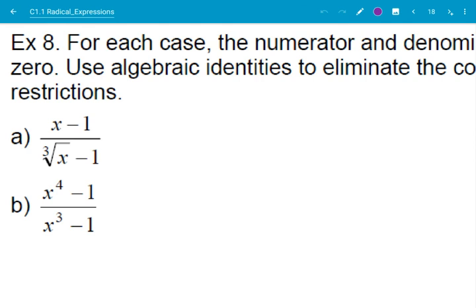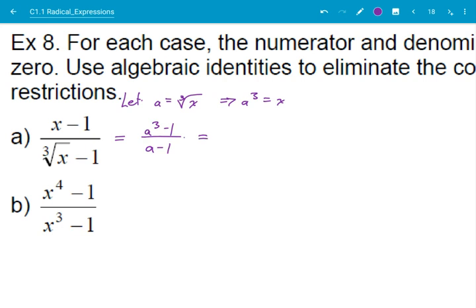Now, there's a hint here that we're actually looking at a difference of cubes, right? So one way to think of it is that we're going to let a equal the cube root of x, and therefore a cubed is equal to x. Okay, so put a let statement there. Translating this first one, we actually end up with a cubed minus 1 over a minus 1.